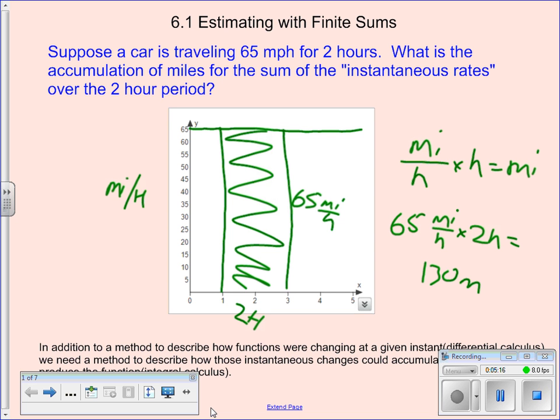This is the beginning concept. There are a lot of conceptual ideas going on here. The big one is that we're looking for the area under the curve between point A and point B. Now, it doesn't say from time equals 1 to time equals 3, it's a 2-hour period. I picked a 2-hour period. Any 2-hour period, because it's a constant rate, will work the same.